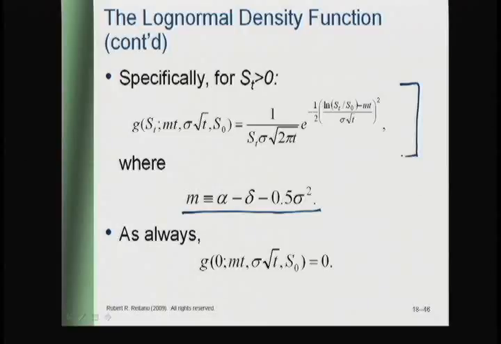quickly, it looks the same as if we just substituted ST for Y in the earlier formula, with one small difference, and that is up here, notice that I don't have just log of ST. What I have really is the log of ST minus the log of S0.